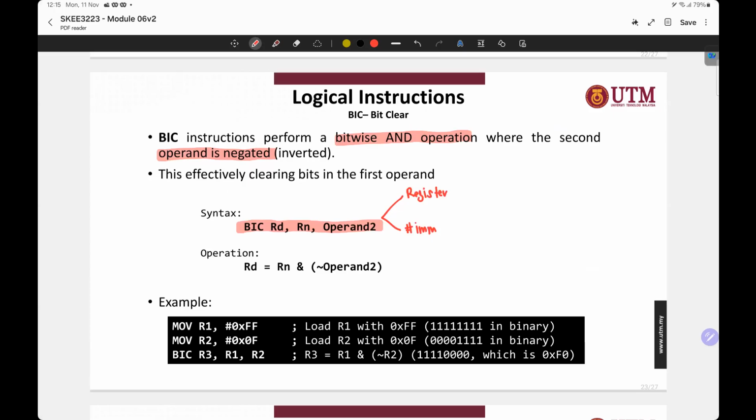Okay, let's look at this example here. MOV R1, hashtag 0xFF. So what happened here is your R1 will have this value, FF. And R2 is MOV R2 with hashtag 0F.